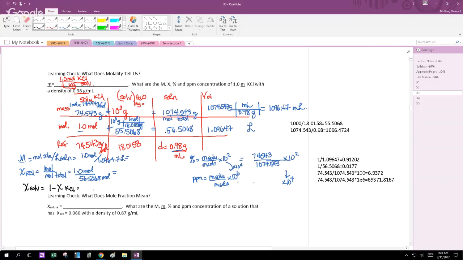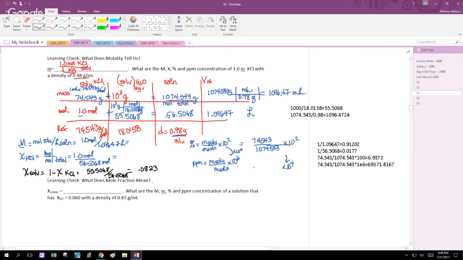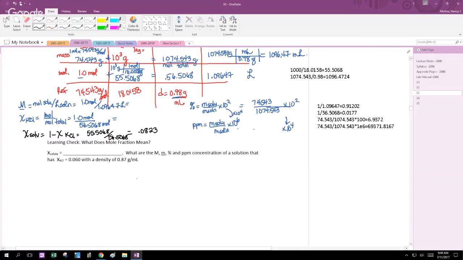So either one would get you to the same answer. Just depends on which one you want. So 0.0823 if you're asking about the solvent. And again, that's the one we usually work with, but as long as you solve for one of them, you can always easily find the other one.